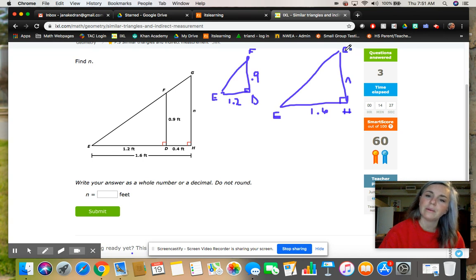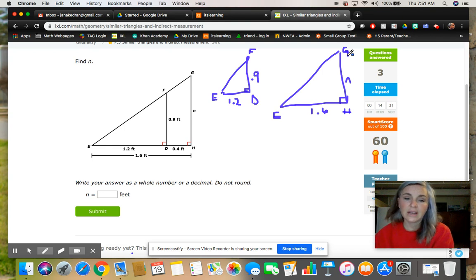Scratch paper would probably be nice if you were struggling. So in this one, it is not obvious, like 1.2, what do you multiply? It always has to be multiplied, can't be add or subtract. What do you multiply 1.2 by to get 1.6? I don't know off the top of my head. I could just divide them and find out, right? But that's really what we're doing when we set up a proportion. We say 1.6 divided by 1.2 times 0.9 gives me n.